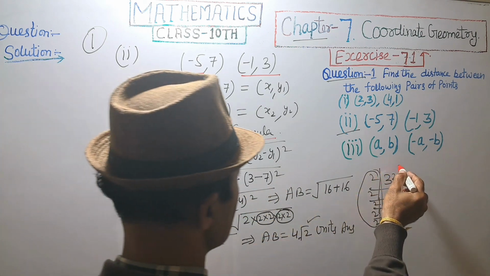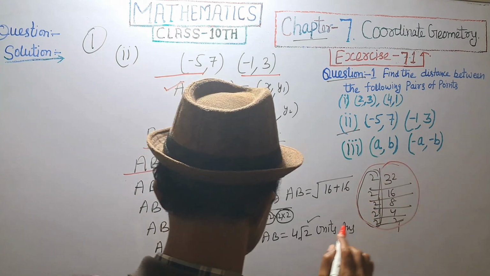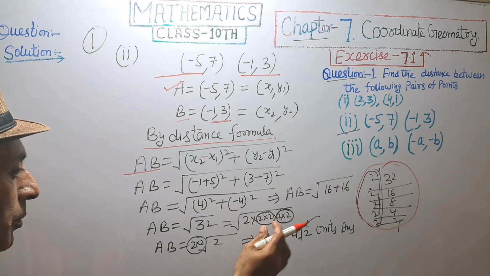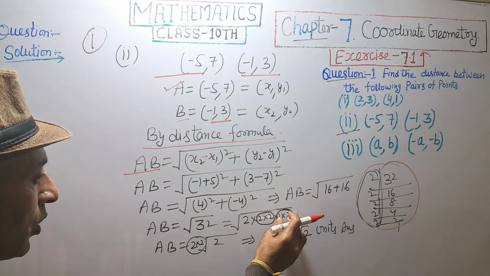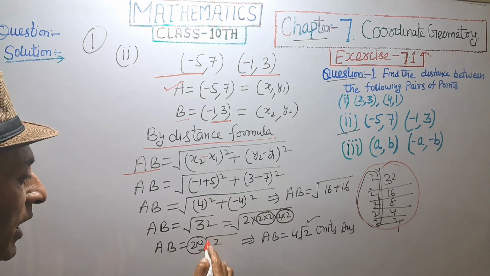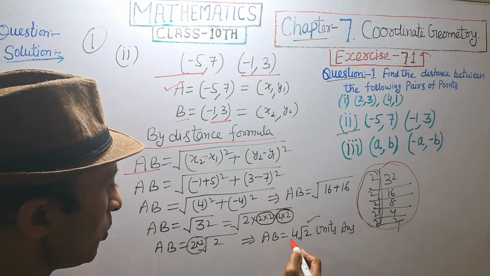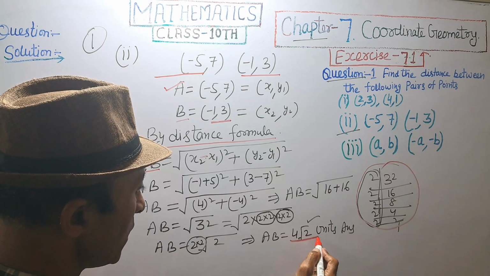The prime factorization of 32 is 5 times 2. Taking pairs of 2, taking common 2 twos are 4 and root 2, we get AB is equal to 4 root 2 units.